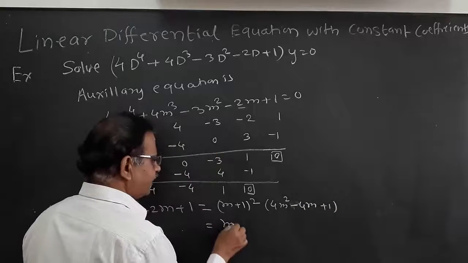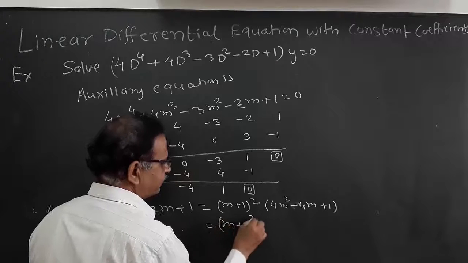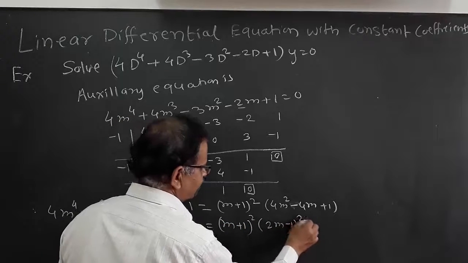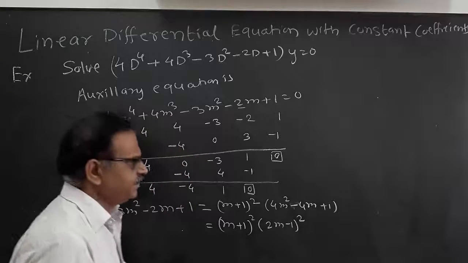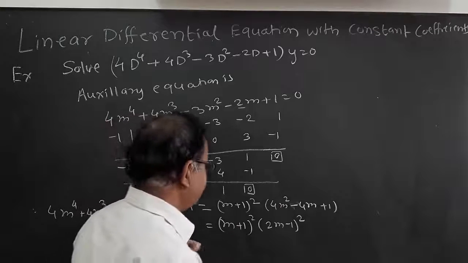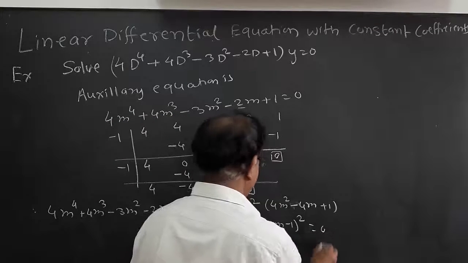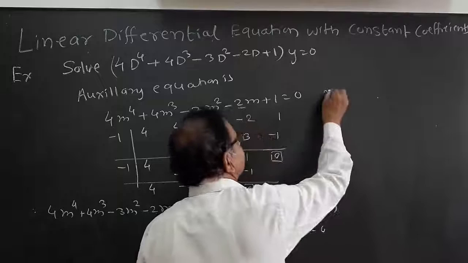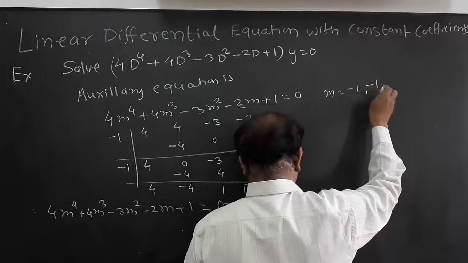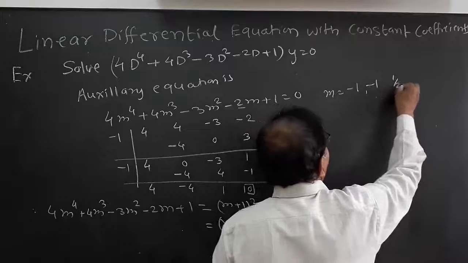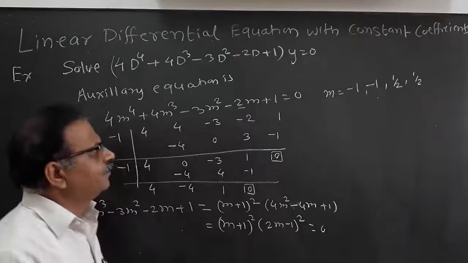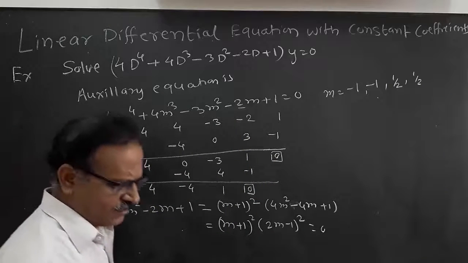This is nothing but m plus 1 bracket square into 2m minus 1 square. This is a perfect square, 2m minus 1 square. Therefore, if this is equal to 0, we have m equal to minus 1, minus 1, 1 by 2 and 1 by 2. These are the 4 roots: minus 1, minus 1, 1 by 2, 1 by 2.